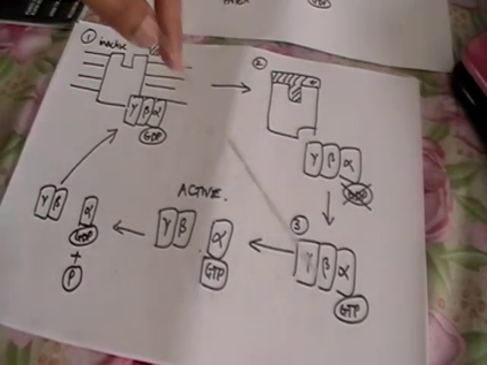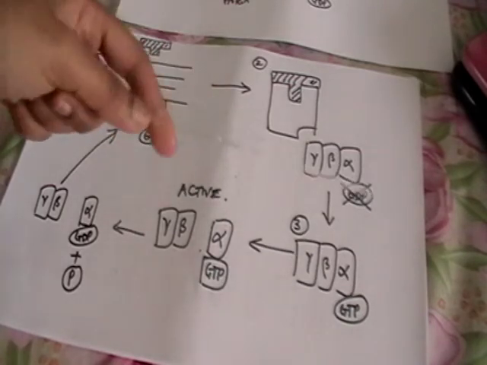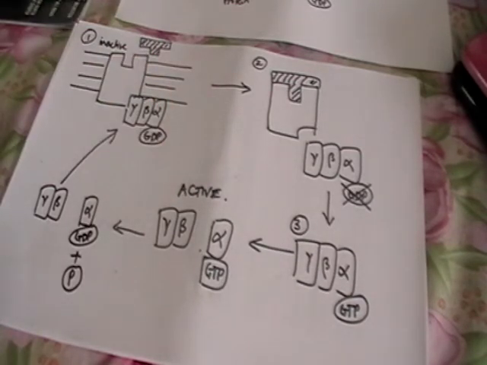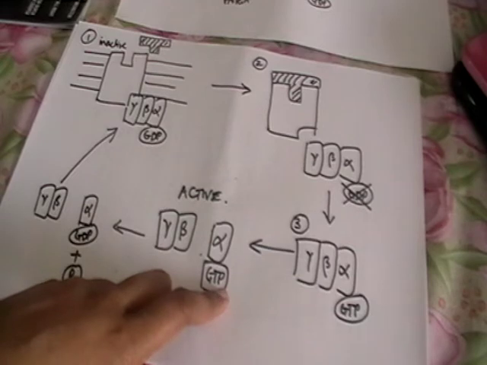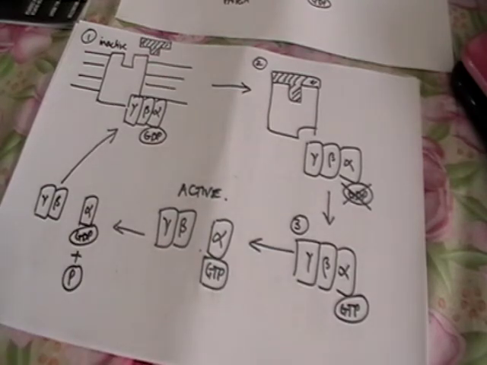Okay. Because the GTP attaches to the alpha subunit, the alpha subunit goes through a teeny bit more conformational change, which no longer enables it to attach to the beta subunit of the G protein. Therefore, the alpha subunit with the GTP attached to it detaches itself from the rest of the G protein.